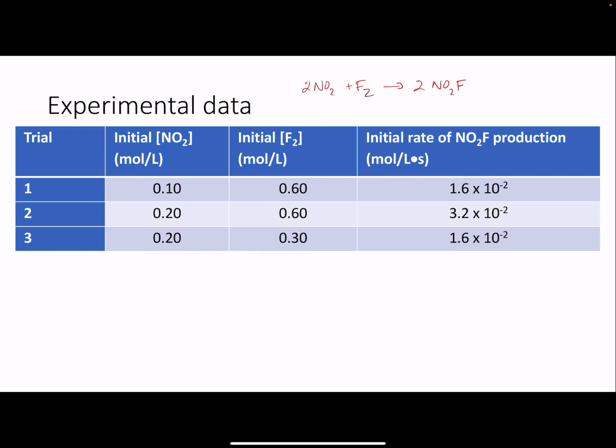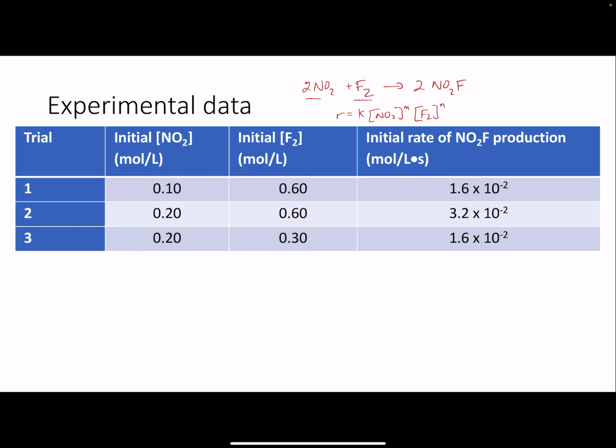So if that's our reaction here, the rate law is based on the reactants. So what we can say right off the bat is R is equal to k times NO2 to the exponent of m times fluorine to some exponent n. Again, in this case, the exponents are not equal to the coefficients.